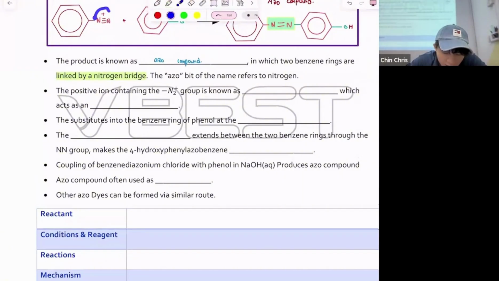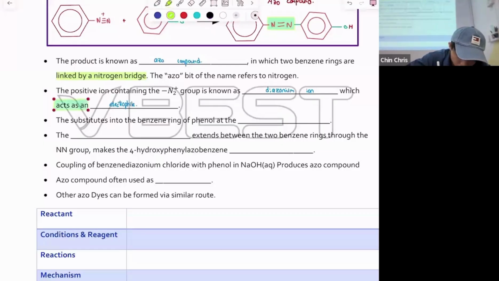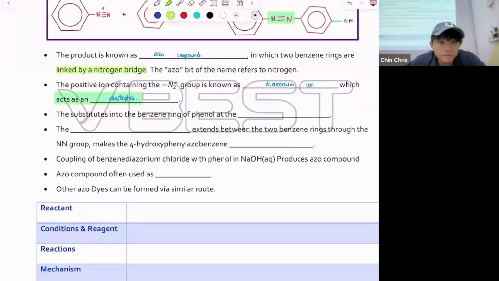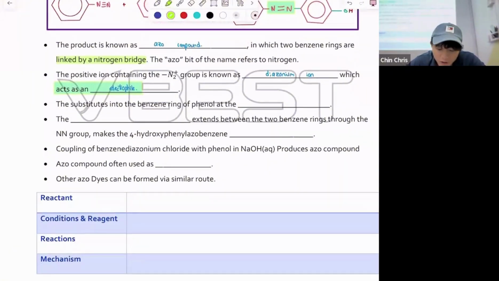So guys, if you see an N triple bond N, we call it a diazonium ion, which acts as an electrophile. Then this substitutes into the benzene ring of phenol at the fourth position.